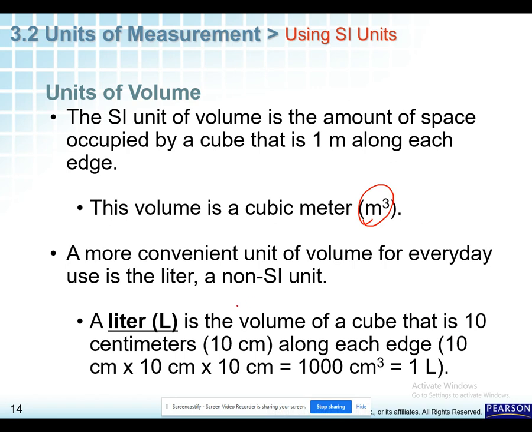So 10 centimeters, 10 centimeters, 10 centimeters equals 1,000 centimeters cubed, and that equals 1 liter. If you ever get to advanced chem, you're going to learn that 1 centimeter cubed equals 1 milliliter.